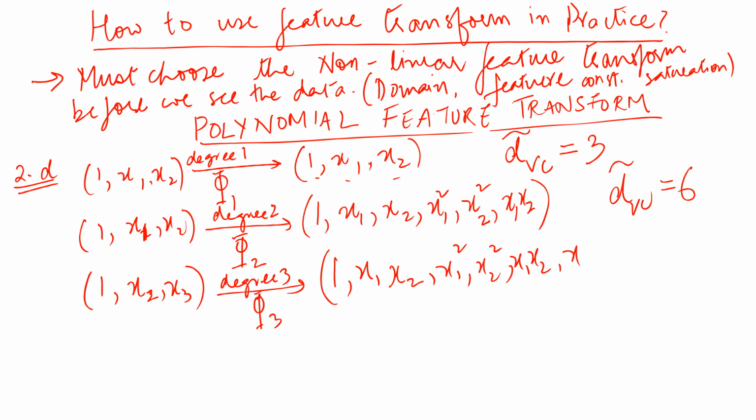So starting from x1 cube, and then x1 squared x2, x1 x2 squared, right? And then x2 cube, and that's it, right? So 1, 2, 3, 4, 5, 6, 7, 8, 9, 10. And so where should I write my d tilde VC is going to be 10.